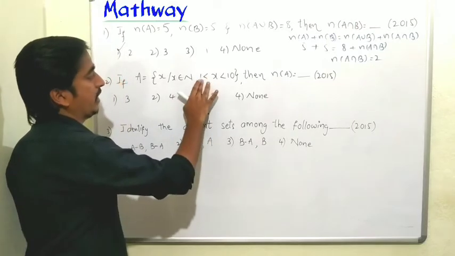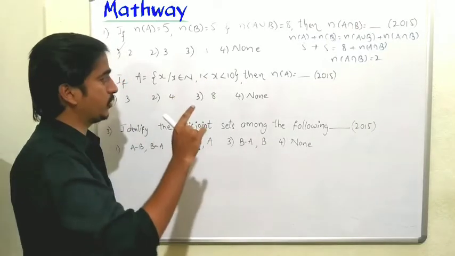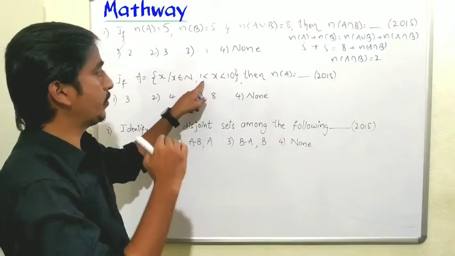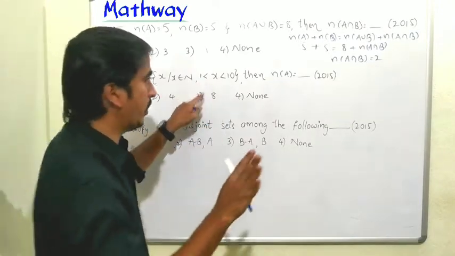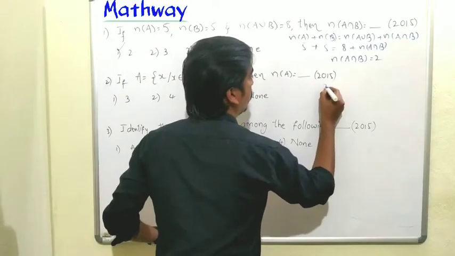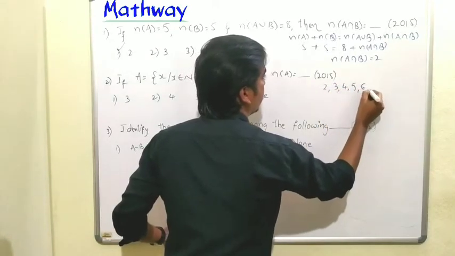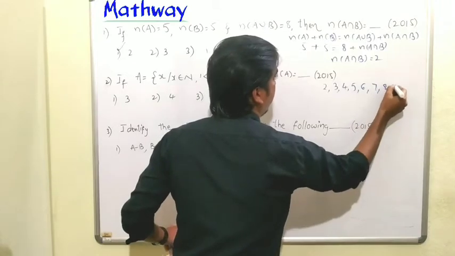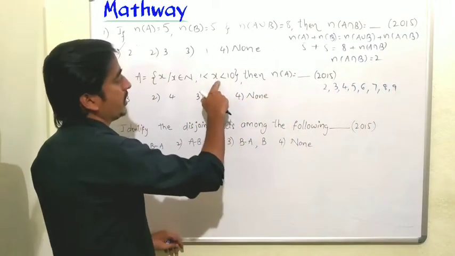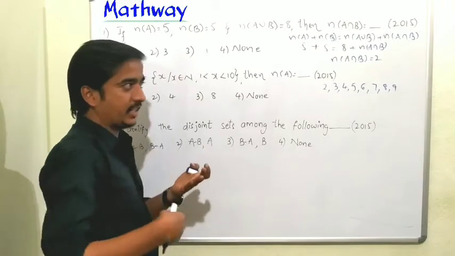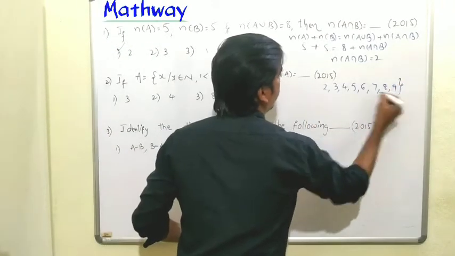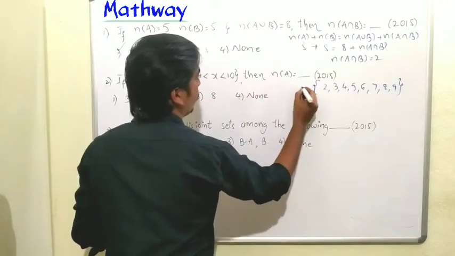If it were 1 less than or equal to X, we could take 1. But the X value should be greater than 1, so don't take 1. The values are 2, 3, 4, 5, 6, 7, 8, up to 9 only, because X should be less than 10. So these are the elements in the set A.